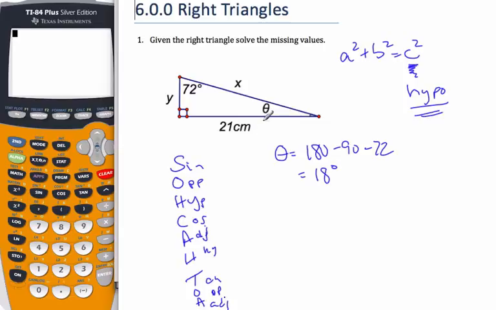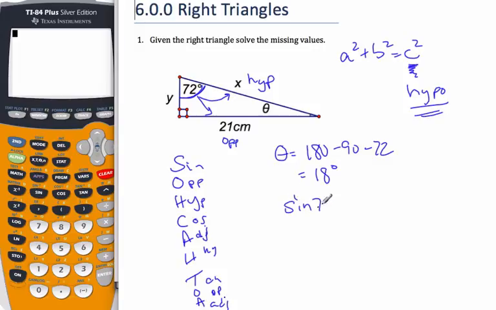Now, would you like to try and find x or y first? Let's do x. Okay, so I'm going to choose 72, since this is the angle that's given to us. If I want 72, I'm dealing with x and 21. 21 is the opposite side of 72, and this is the hypotenuse. So I have opposite and hypotenuse. Which trig function is that going to be? Sine function.